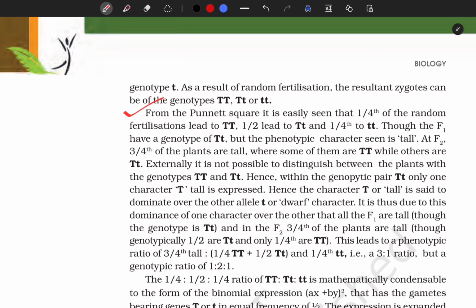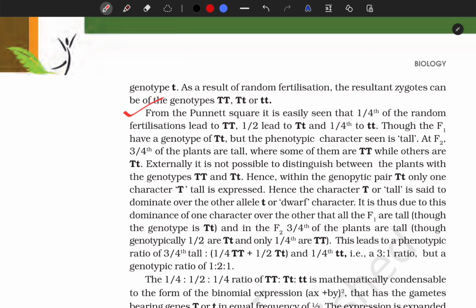Externally, it is not possible to distinguish between the plants with the genotype TT and Tt. Hence, within the genotypic pair Tt, only one character, T, tall, is expressed. Hence, the character T or tall is said to be dominant over the other allele t or dwarf character.